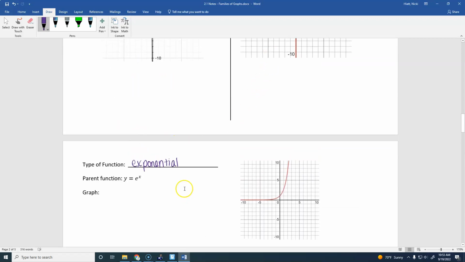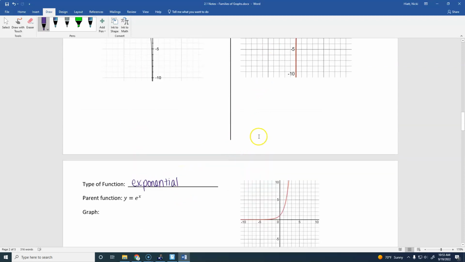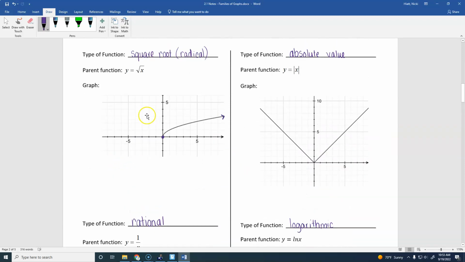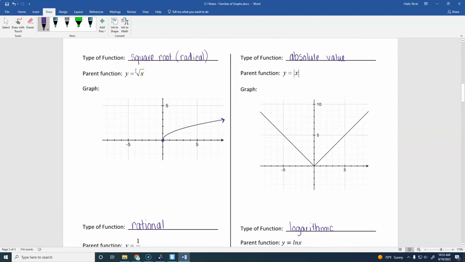Rational and square root are going to be the big ones that we look at, although any of these may show up, but we will have separate sections looking at the rational and the square root here.